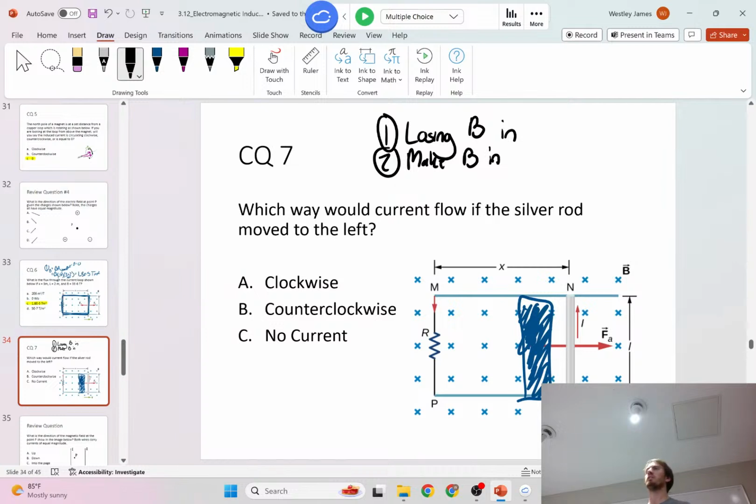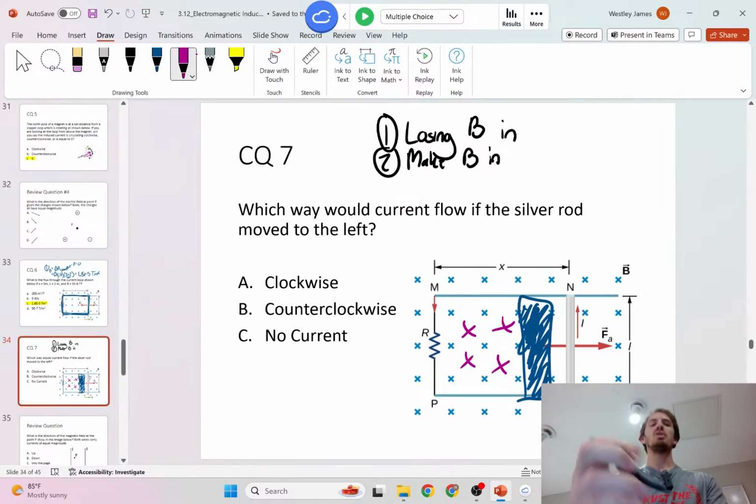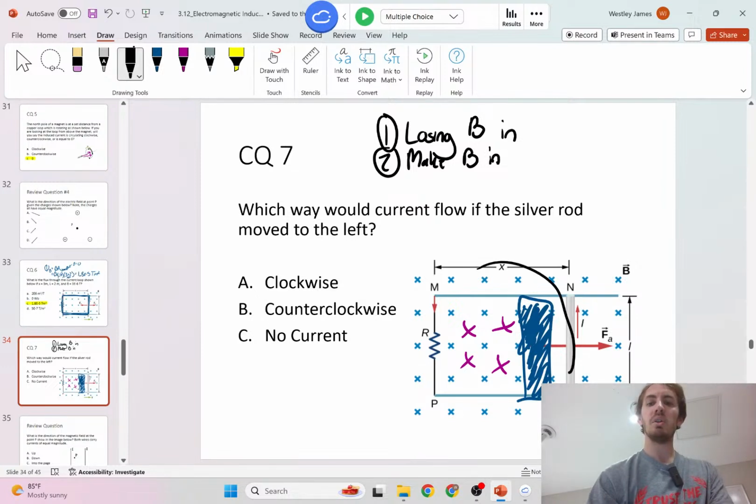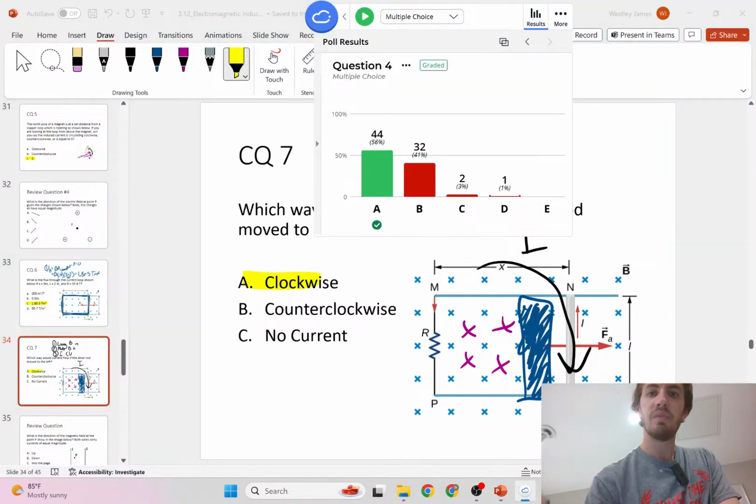I lost them, and I don't want to lose them, so I'm going to make some magnetic field that is going in. How do I make that happen? Thumb goes into the page. Current's going to go clockwise to make that happen. Current clockwise. All right.